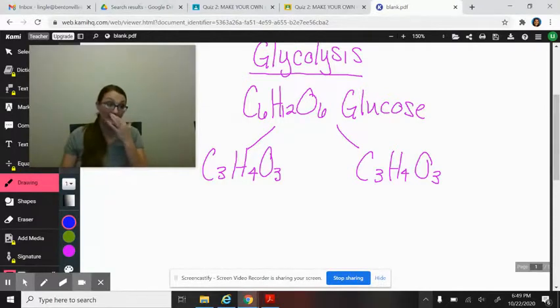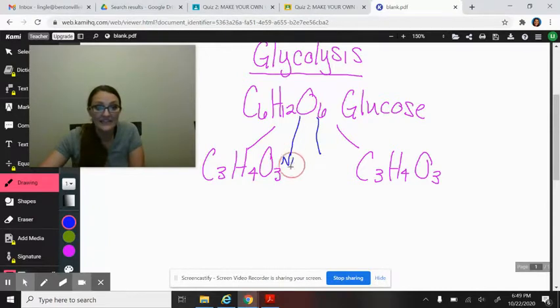And so what you're actually making is something, how do I write this? I'll just put it in the middle. You're also making something called NADH. As you notice, you can pick up that there's an H there, right?